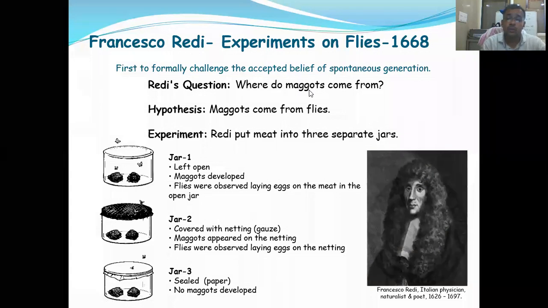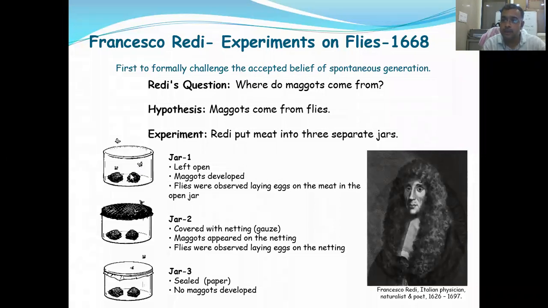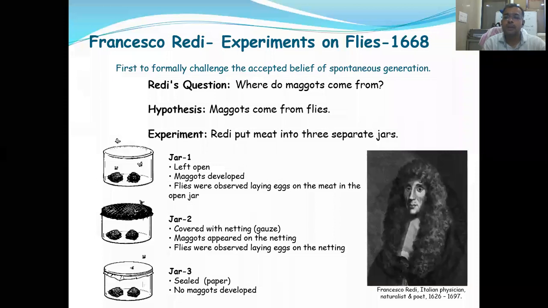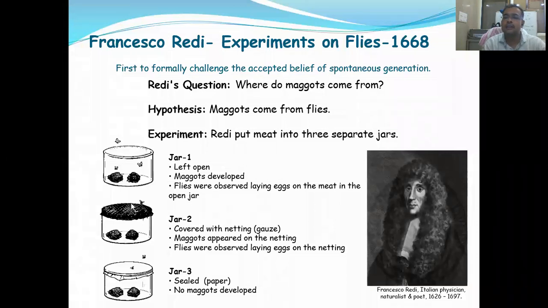Now, what did he observe from this experiment? Flies easily entered the uncovered jar and laid eggs on the meat particles, and maggots developed. Similarly, some flies were trapped on the net, laid eggs on it, and maggots were found on the net.